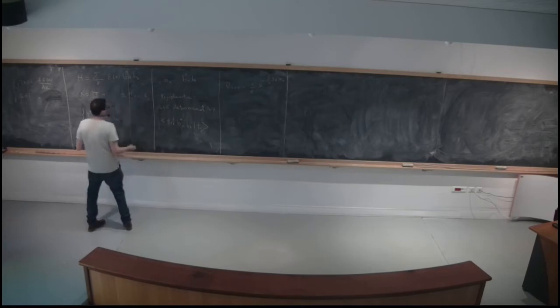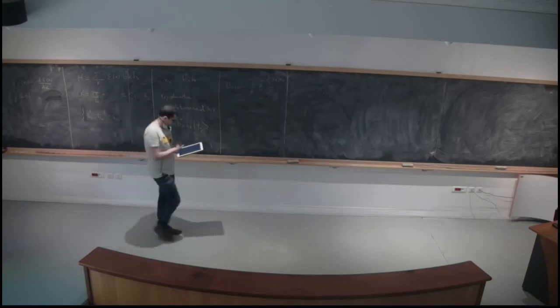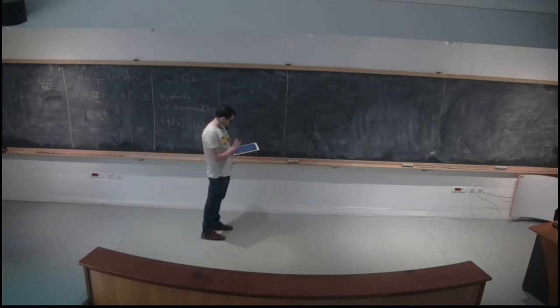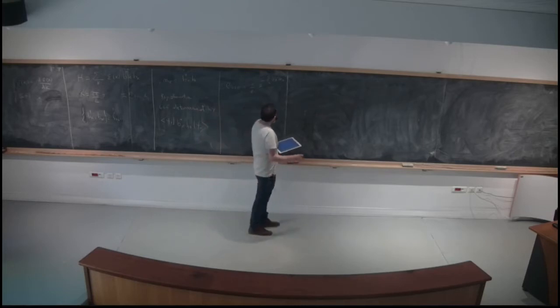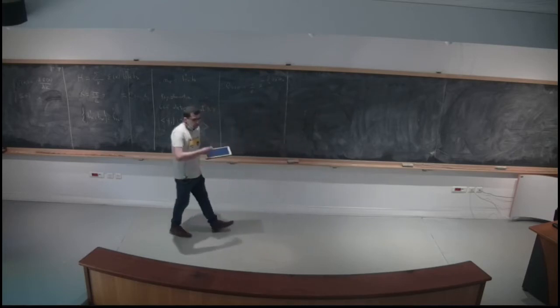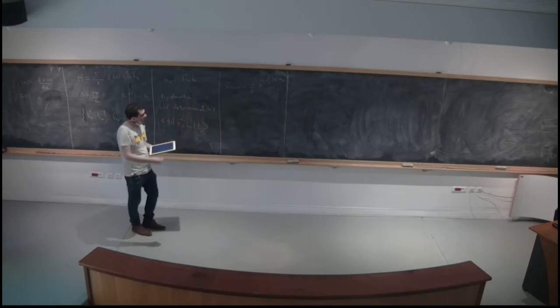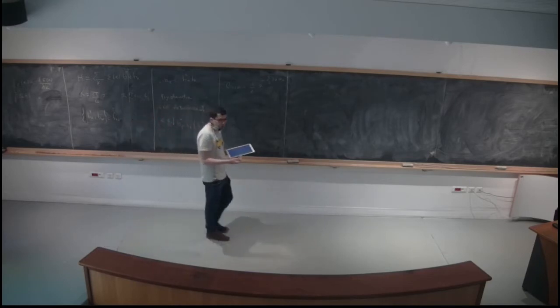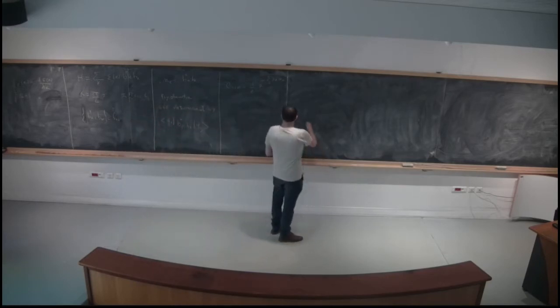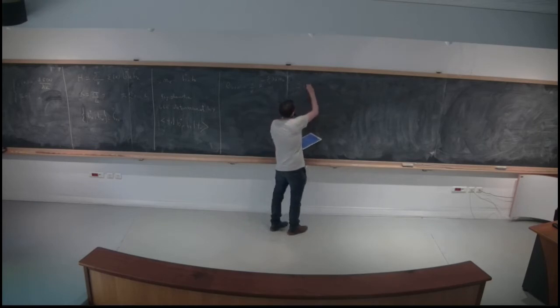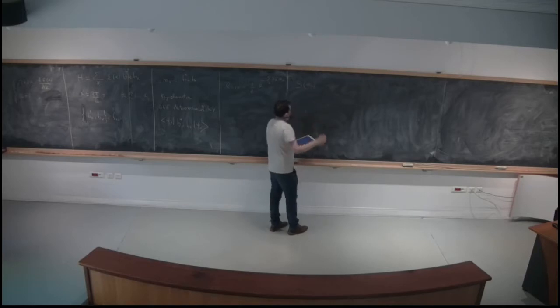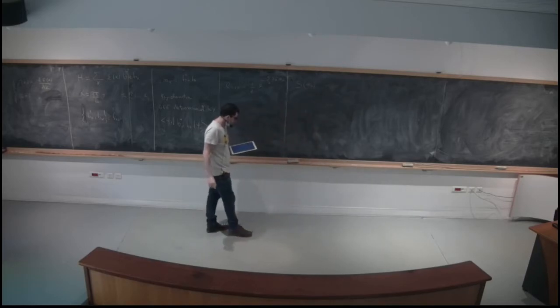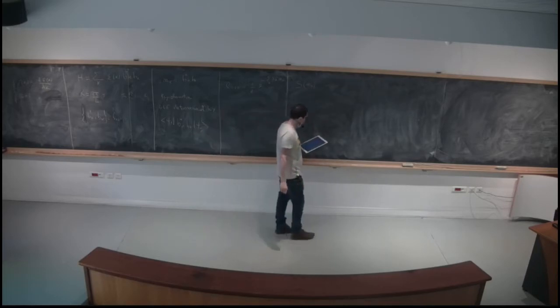The GGE is fully characterized by these occupations. Now, what is the thermodynamic entropy of this GGE? The result: you have S, which is a function of these occupations, and this is the entropy of the GGE.